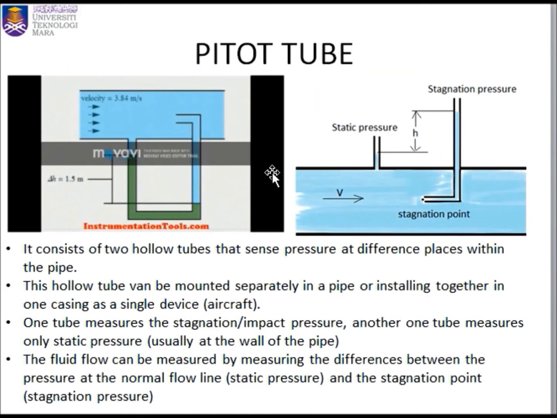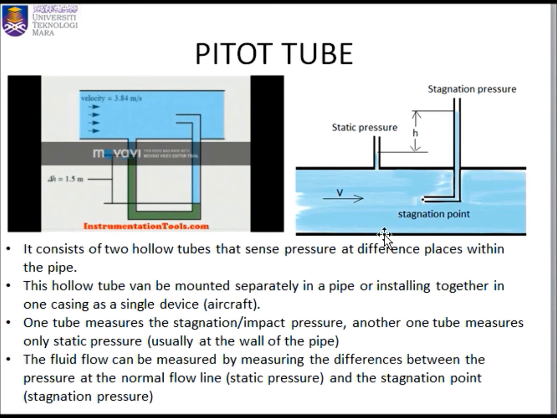So how does it work? It consists of two hollow tubes that sense pressure at different places within the pipe. Two hollow tubes, the keywords. Next, these hollow tubes can be mounted separately in a pipe or installed together in one casing as a single device.